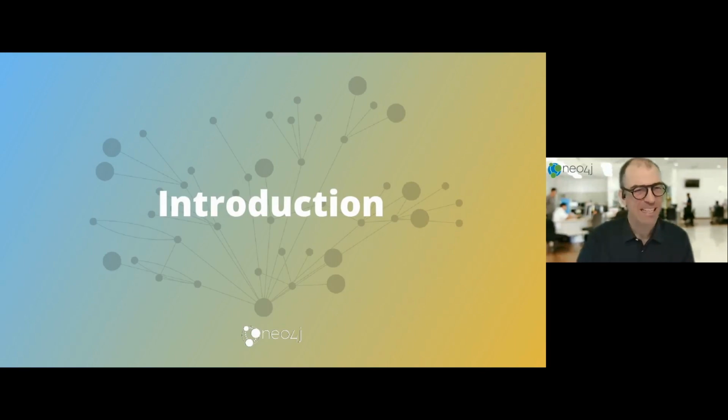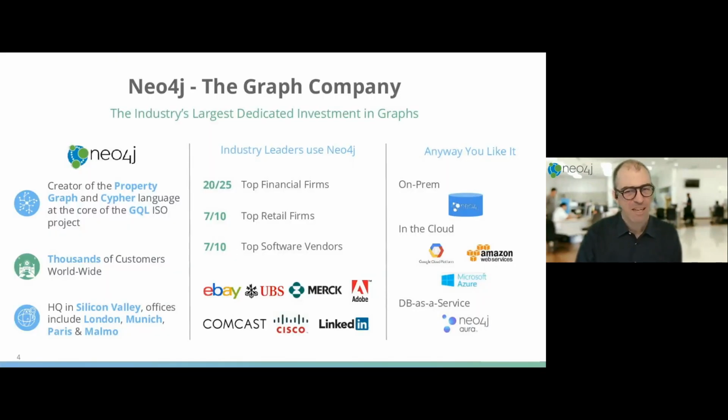Good, let's get going. I want to start by leveling the ground here for everyone, if you're not aware why and how a company like Neo4j, this obscure Swedish-American acronym-named company, is active in the wonderful world of fraud detection. Well, that's because we've been at this for quite some time. We've been in the graph space for quite a few years.